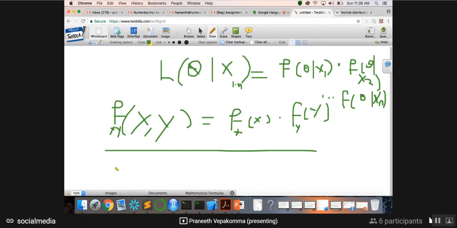Sigma is the math symbol for summation. The pi is not only the symbol for the popular pi, but also a symbol for a product. So the likelihood function is the product from i equal to 1 to n of f of theta given xi. That's the same thing in a shorter notation.